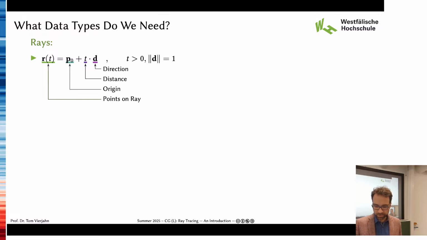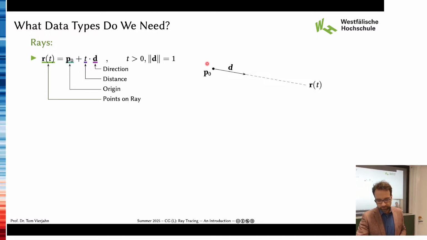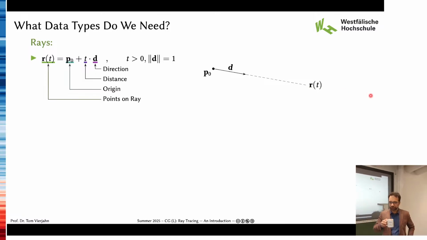So this has to be 1. And then I get all of those points starting here. Well, now t has to be greater than 0, so excluding P0, all the points on this arrow and on this dashed line going on forever. That is a ray.